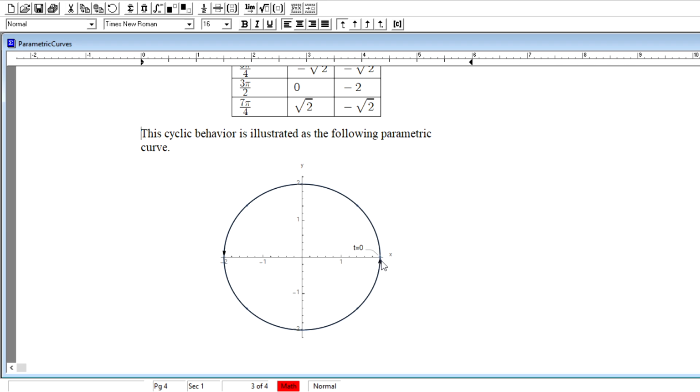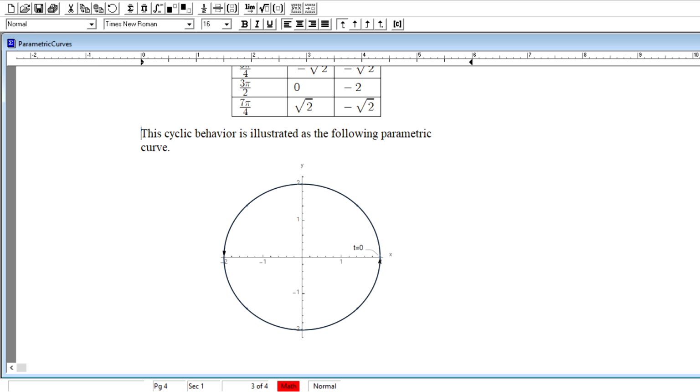Starting here at t equal to 0, we'd be at the location 2 comma 0. This would be our location at t equal to pi over 4. This would be our location at t equal to pi over 2. Here's 3 pi over 4. Here's pi. Here's 5 pi over 4. Here's 3 pi over 2. Here's 7 pi over 4. And then finally, this is again where t is equal to 2 pi. And then that cycle just repeats itself again.